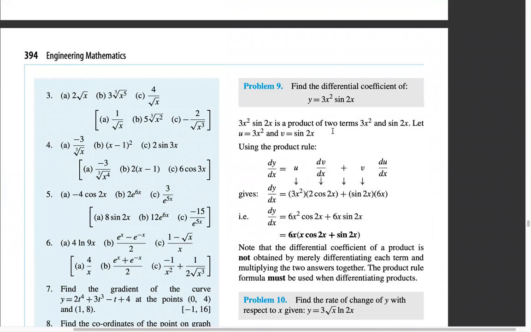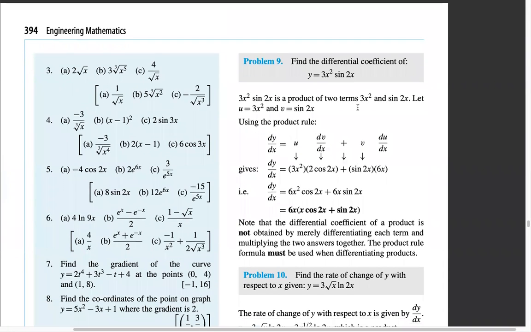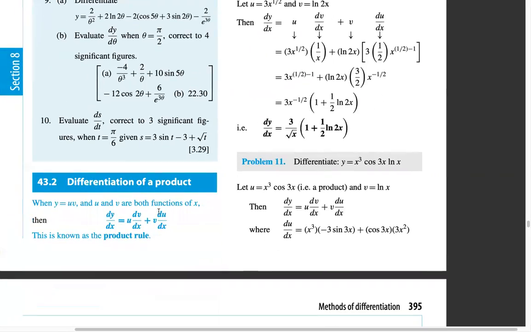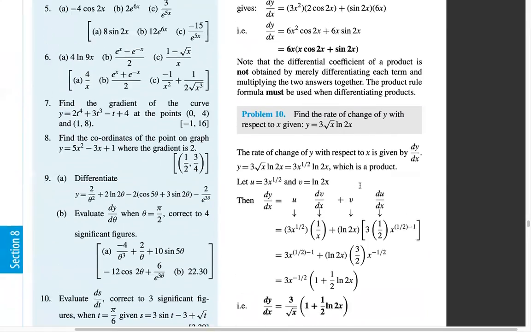So we could look at this simple one here. 3x squared sine 2x. u could be 3x squared, and v is sine 2x, okay? So you determine what your u and v are, and then you find your du/dx and dv/dx, and you substitute it into this formula here, right?